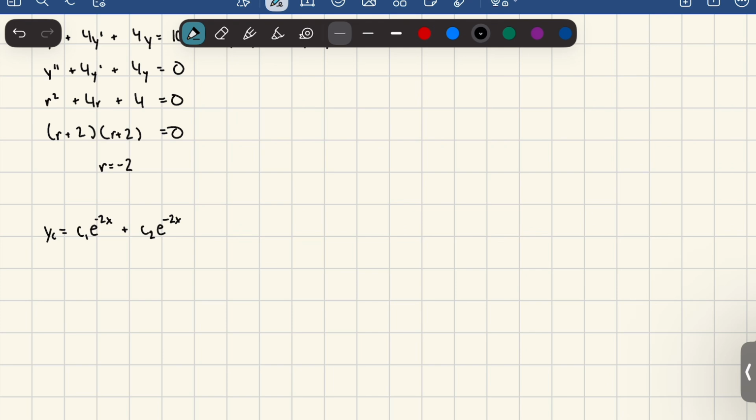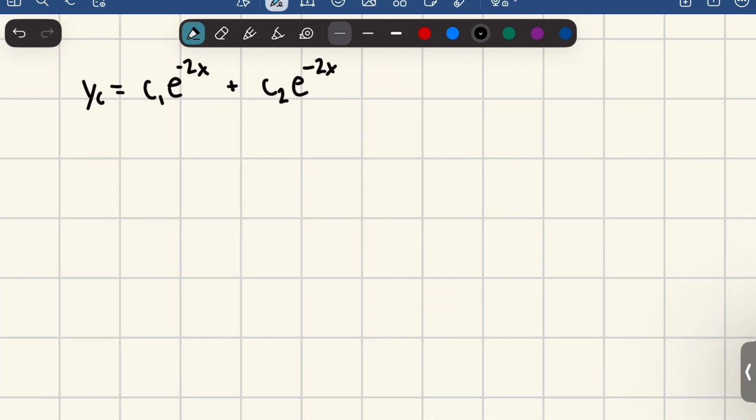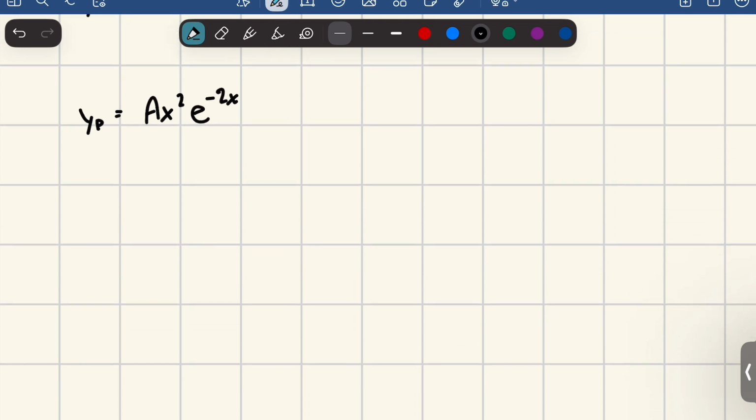I'm going to have to multiply by x squared in the yp, because I'm trying to think of how I can write the yp. I'm not using the proper names, this is easier, yp, yc. So yp is ax squared e to the -2x. Oh, the derivatives of these are going to be nasty.